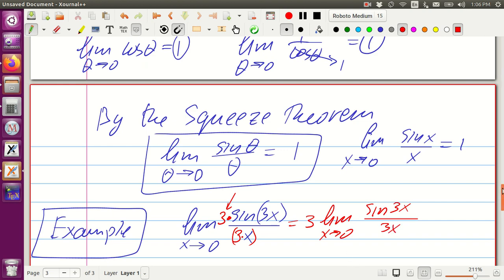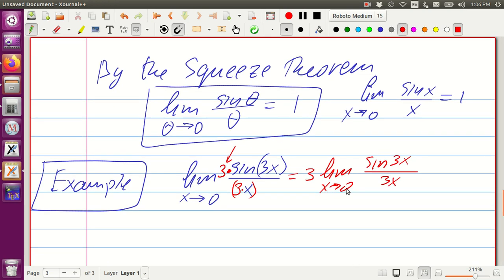Now, let's think. When x goes to 0, x is a really small number. What happens to 3x? 3x will also be a small number. We've done this example a few weeks ago. Basically, when x goes to 0, 3x also goes to 0.